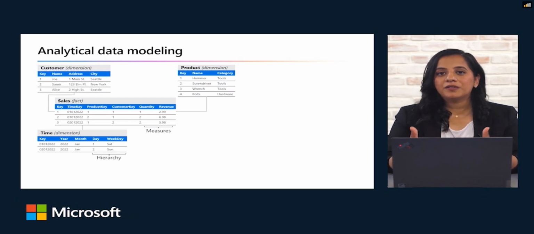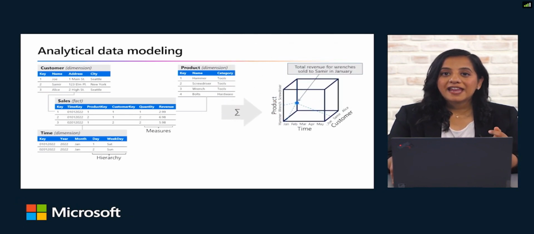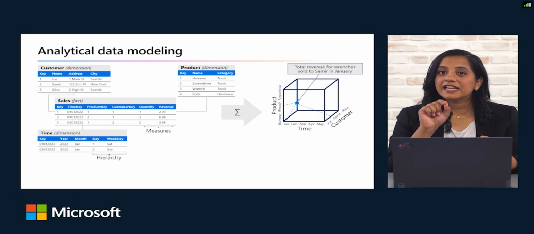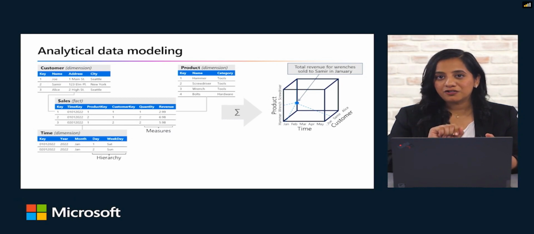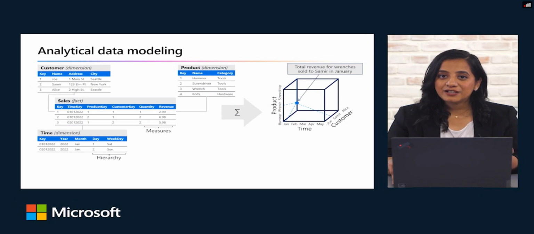Conceptually, the model forms a multi-dimensional structure which is commonly referred to as a cube, in which any point where the dimensions intersect represents an aggregated measure for those dimensions, while dimension tables represent the entities by which you want to aggregate numeric measures. For example, product or customer.